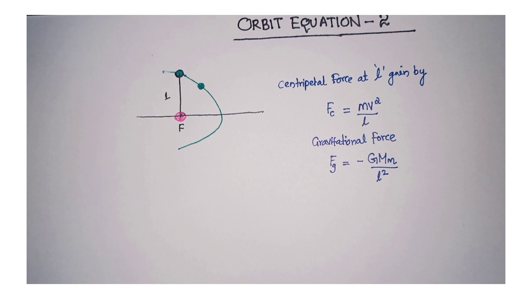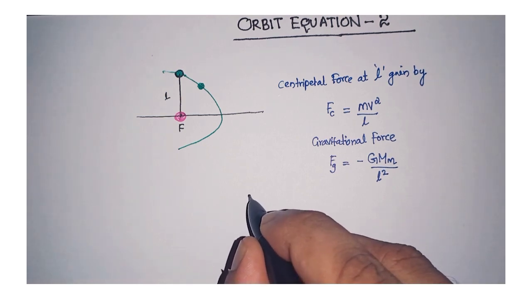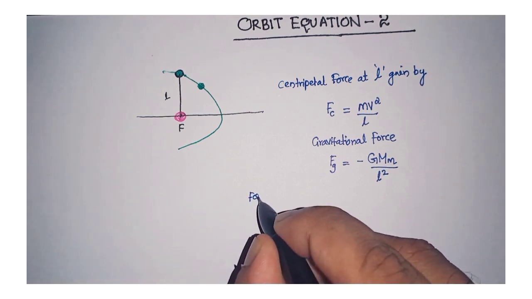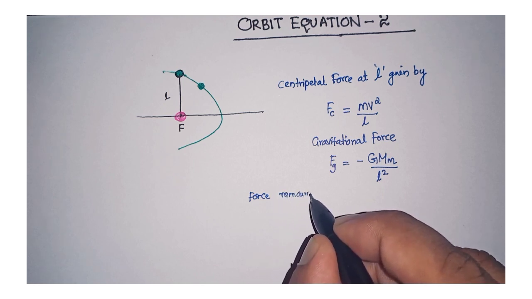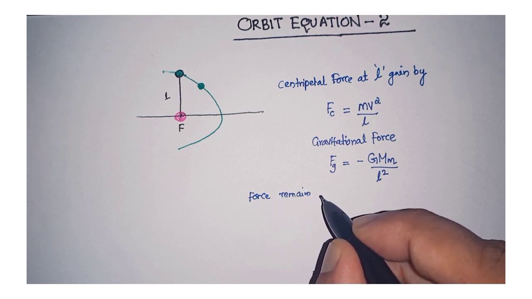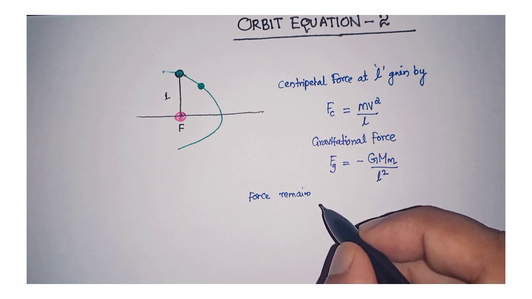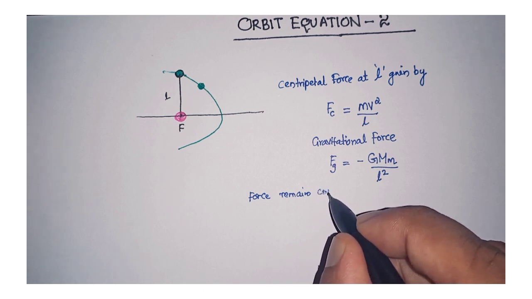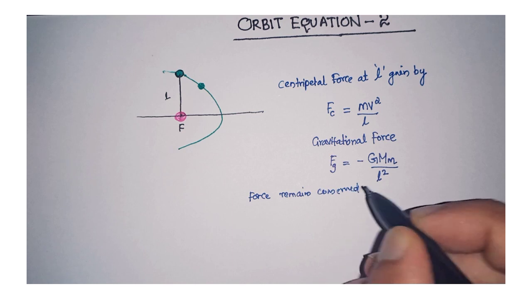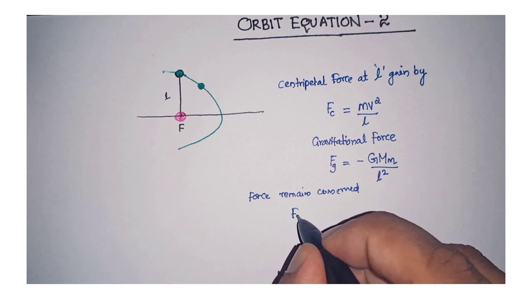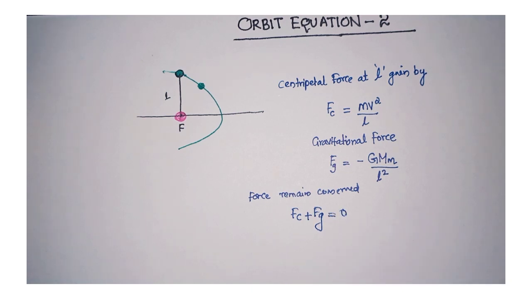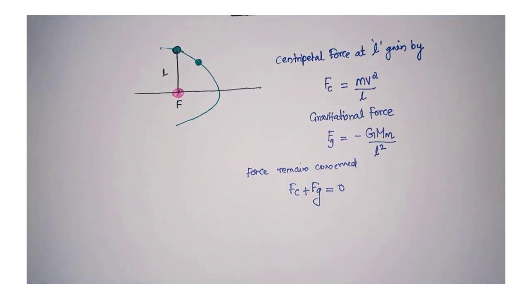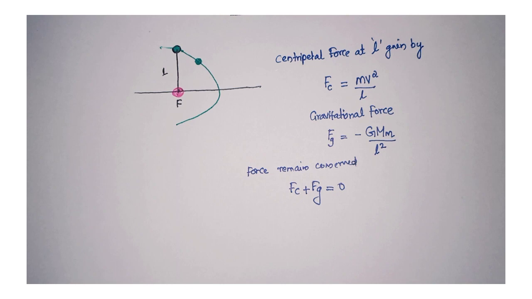Now adding the basic forces, force remains conserved as per the conservation of force and energy principle, or else we can go with the equilibrium principle. So in this condition Fc plus Fg is going to yield 0. This total system should not be unstable, it should be stable, right?